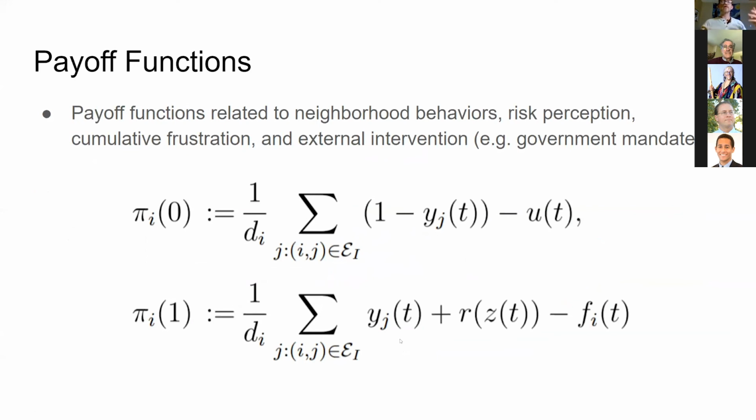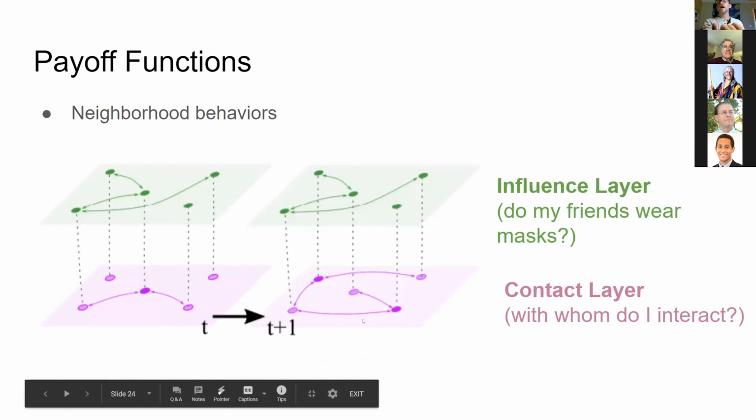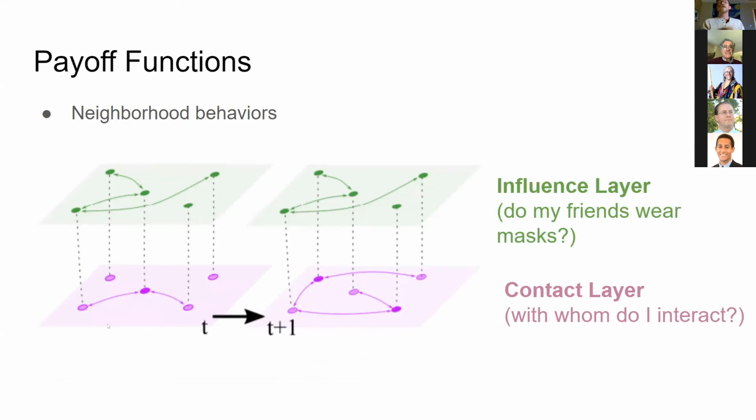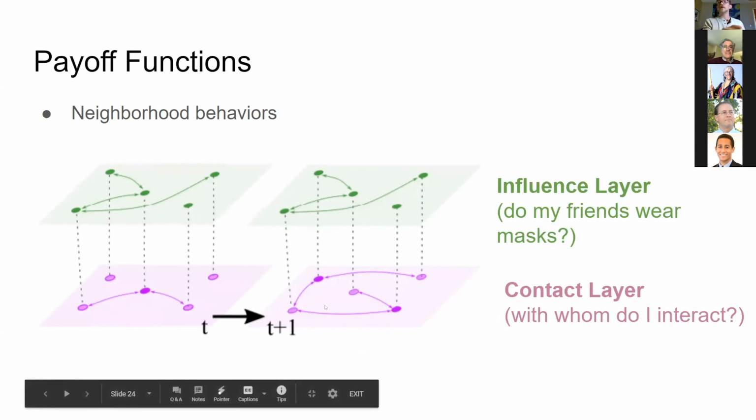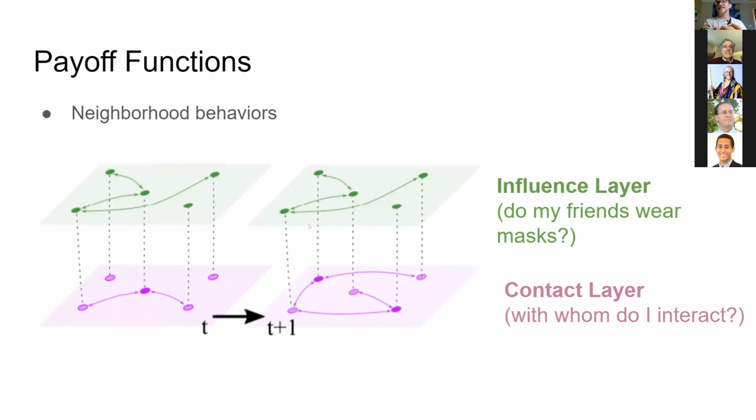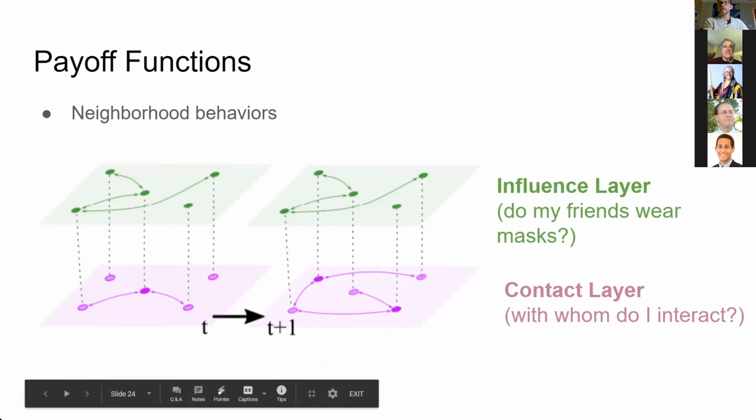It's just what percentage of my friends in the influence layer are doing the same behavior that I am. So if I'm wearing a mask, what percentage of my friends are wearing masks, and vice versa. Now the contact layer does not depend on the influence layer, and this is the one that determines the interactions. When I actually go out to interact with people, I may not interact only with people that I have edges to in the influence layer. They may be outside of my personal neighborhood. Did that answer the question properly?